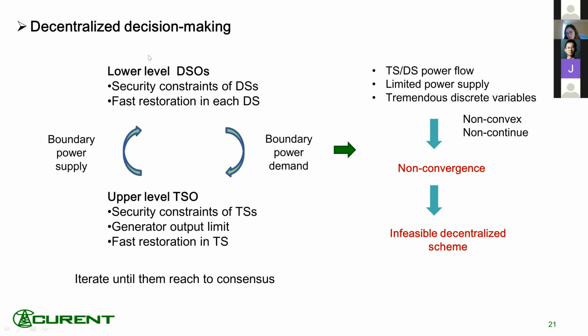However, remember that our problem is quite complex because we consider both the TS and the DS side power flow, and we have limited power supply. And also one point is important: we have tremendous binary variables because we have to decide the pickup decision of load. So this makes the model quite complex and will have some troubles with convergence.